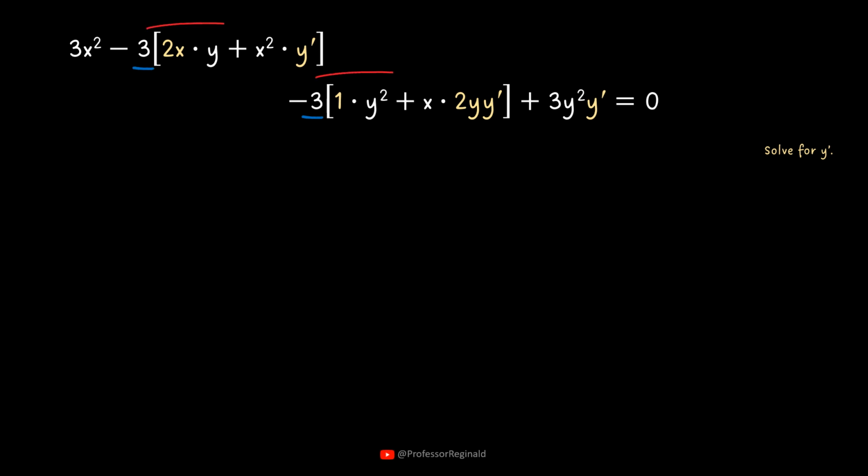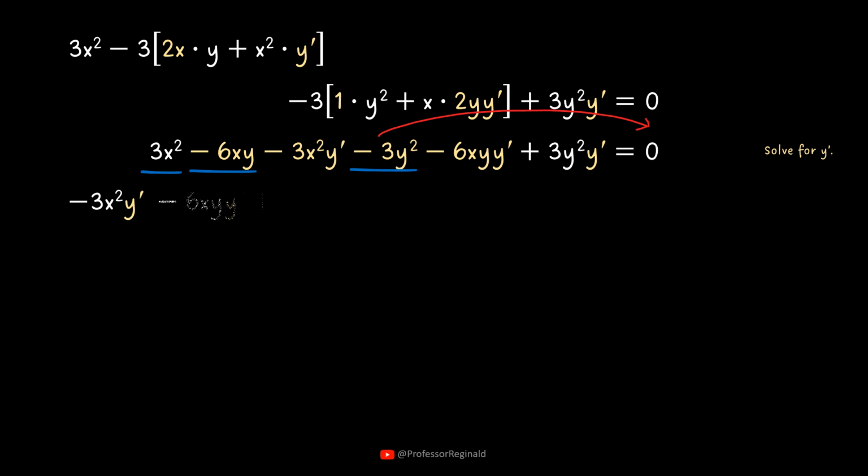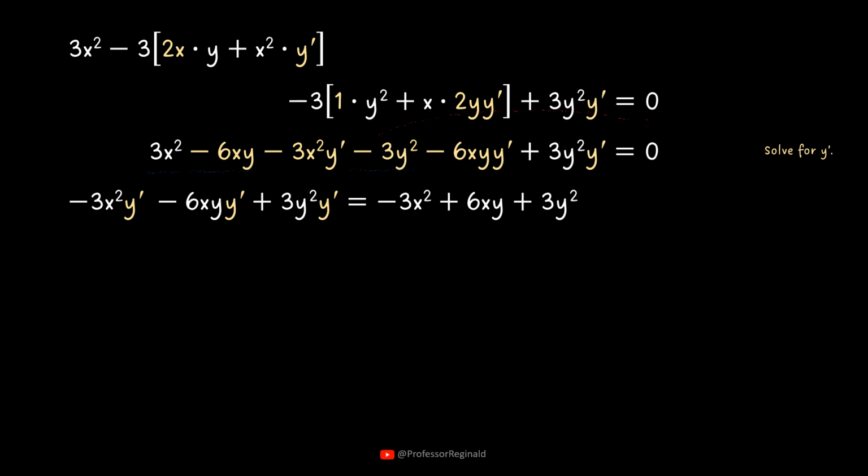Distribute the constant multipliers. And then move the terms with y prime to one side and the rest of terms to the other side. Factor out y prime.